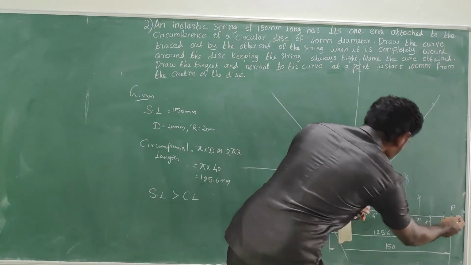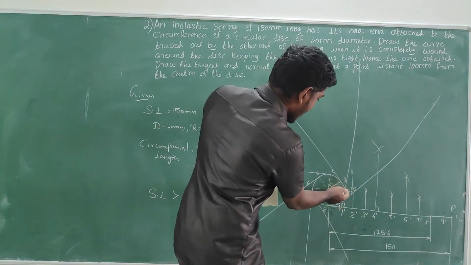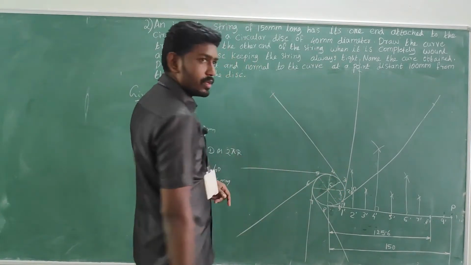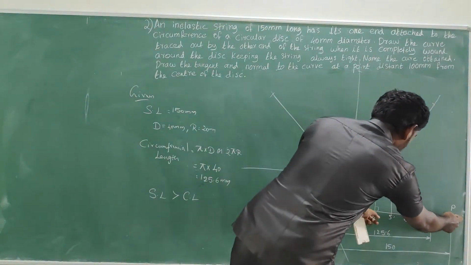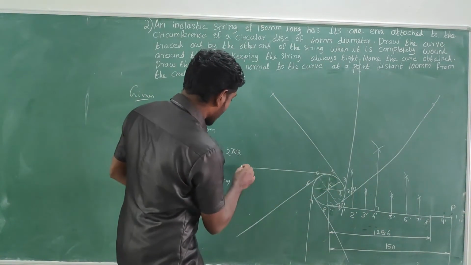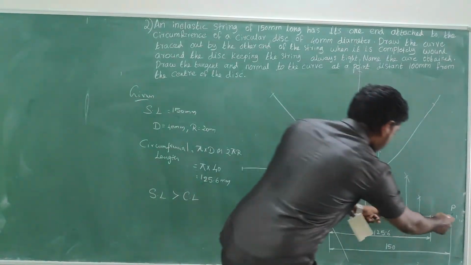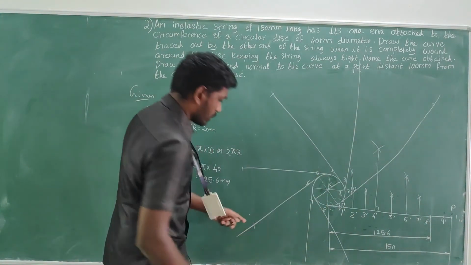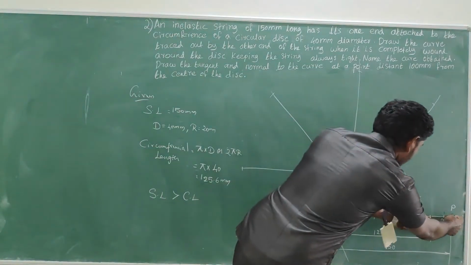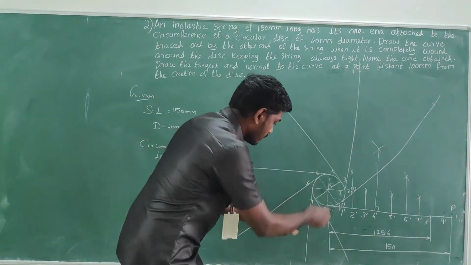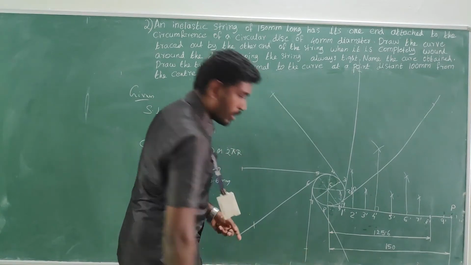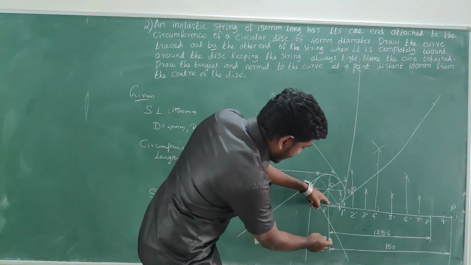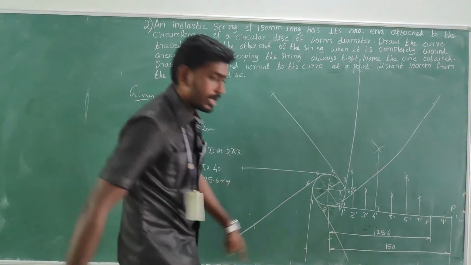P to 3, keep at the third point, and go for a cut mark. It comes like this. Now measure P to 4, from the 4th point have a cut mark. Measure P to 6, from the 6th point have a cut mark. Measure P to 7, keep at the 7th point, go for a cut mark. Now measure P to 8, from the 8th point have a cut mark.